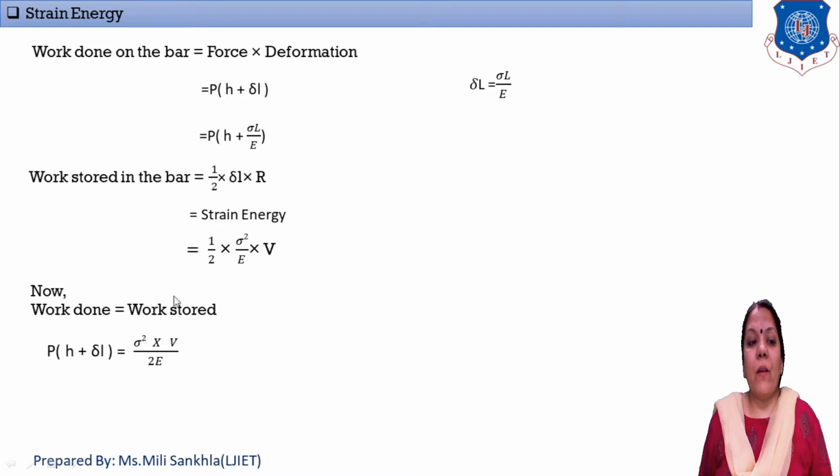Now we compare work done on the bar with work stored, or strain energy. That means P into h plus delta L is equal to sigma square into volume divided by 2 into Young's modulus.